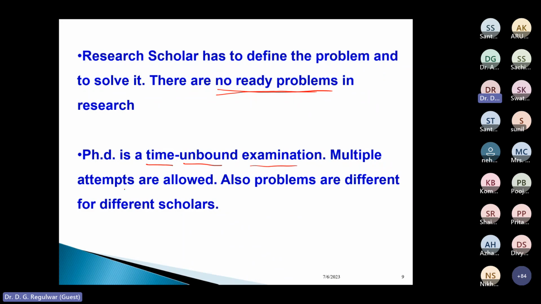Multiple attempts are allowed. Also, the problems are different for different scholars. So at the beginning, the understanding should be such that there is no time limit. It is an unbound examination. The problems are different for different scholars.